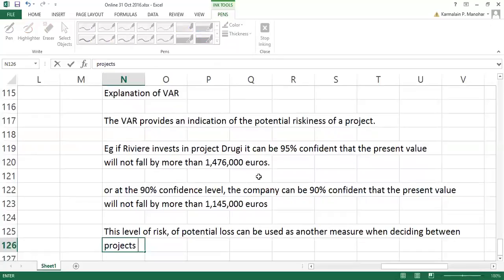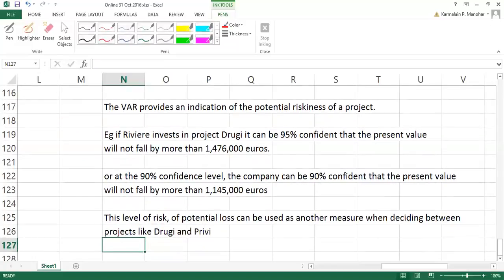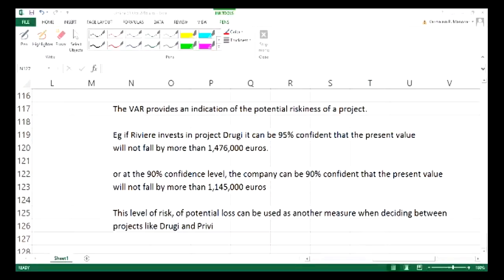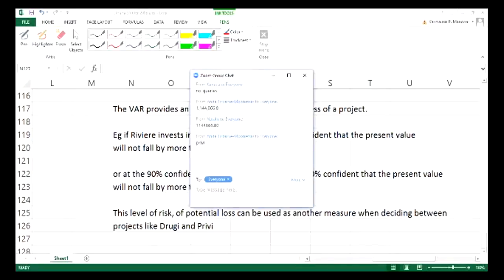projects like Trucking and what was the other one? Something starting with P. Privy, yes, thank you.